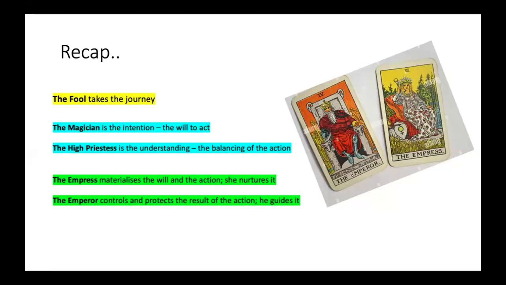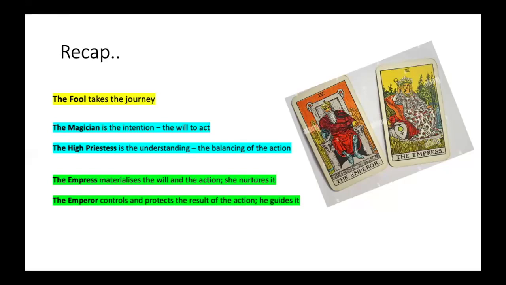So the fool takes the journey, the magician acts with will and an intention. The high priestess adds understanding and balances that with wisdom. The empress gestates and nurtures that idea to give birth to it, and the emperor then contains, controls, and supports and manages it. Okay.